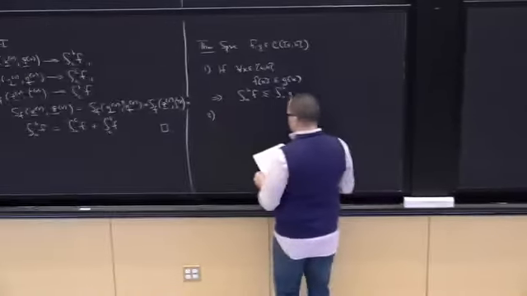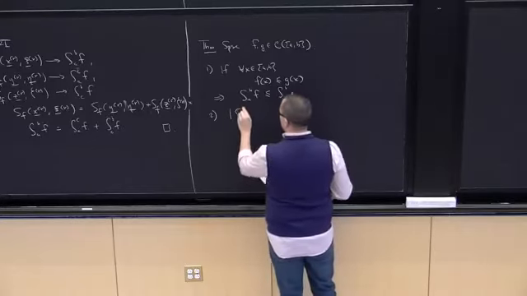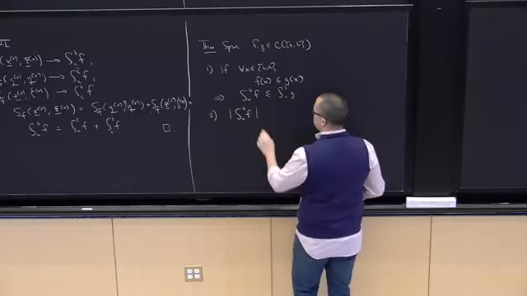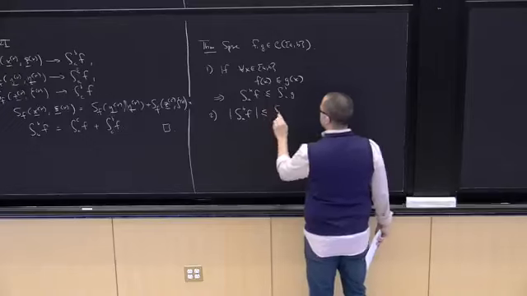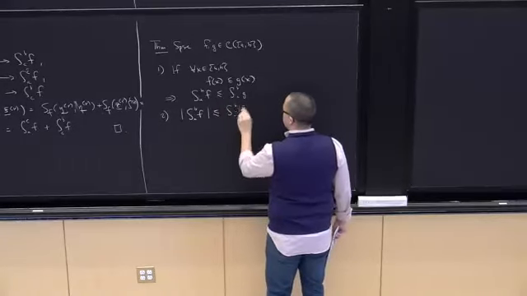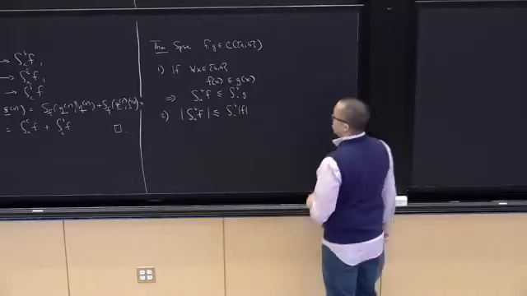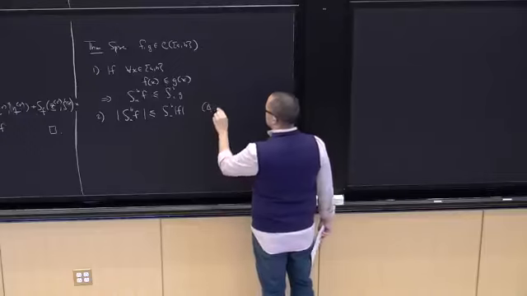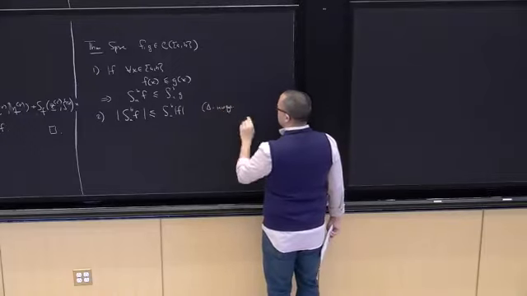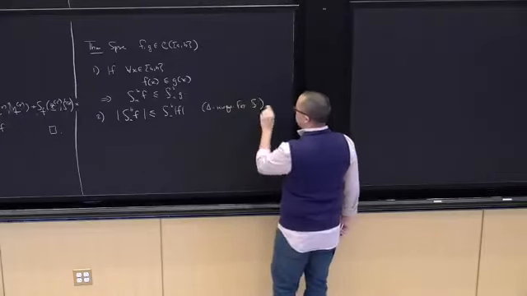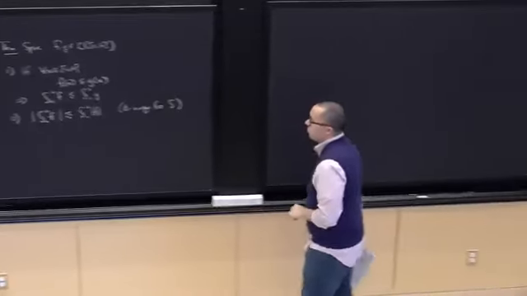So the second is the absolute value of the integral from a to b of f is less than or equal to the integral from a to b of the absolute value of f. So if you like, this is the triangle inequality for integrals. Okay.